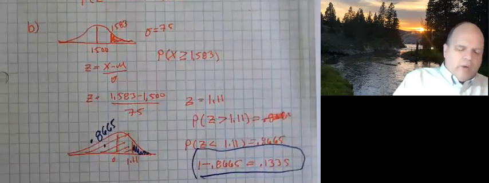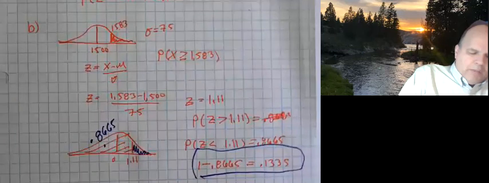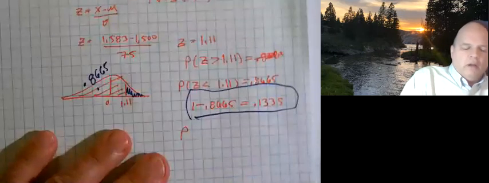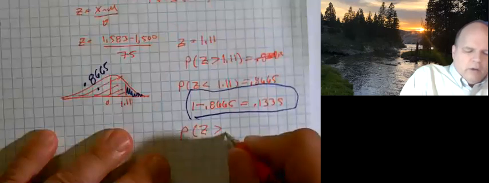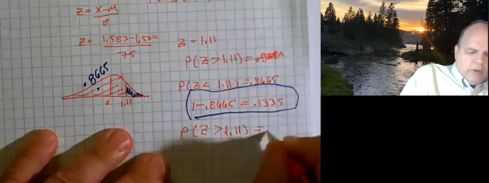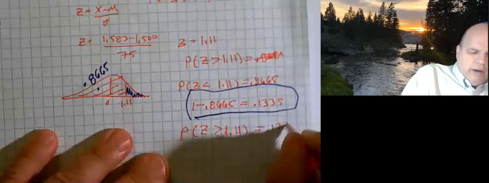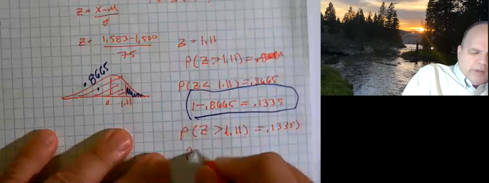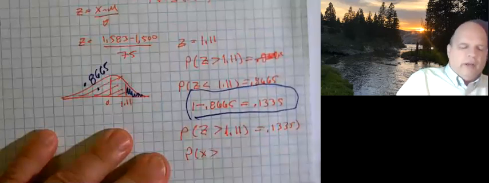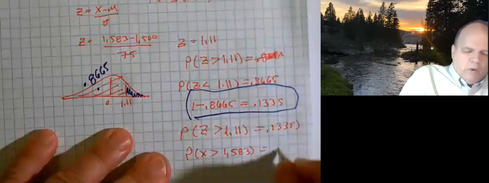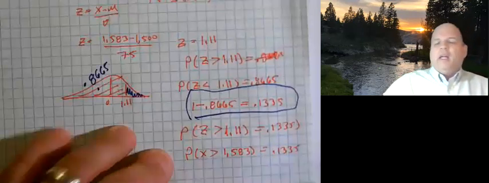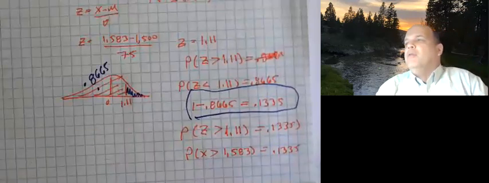And here's the way I would like to state it. The probability that z is greater than 1.11 equals 0.1335. Or you could say the probability that x was greater than 1,583 equals 0.1335. Now I'm going to stop and make a separate video for the rest of this.